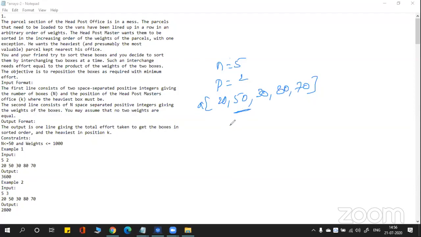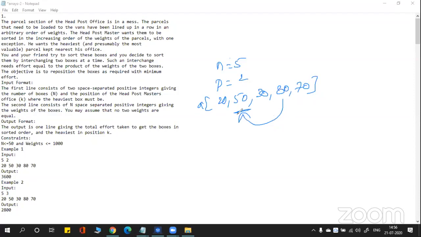Whenever I want to swap, I want to get the maximum at the post office. The box which has the maximum weight should be at the post office, and the post office is at the second position. That means I want 80 to be here.